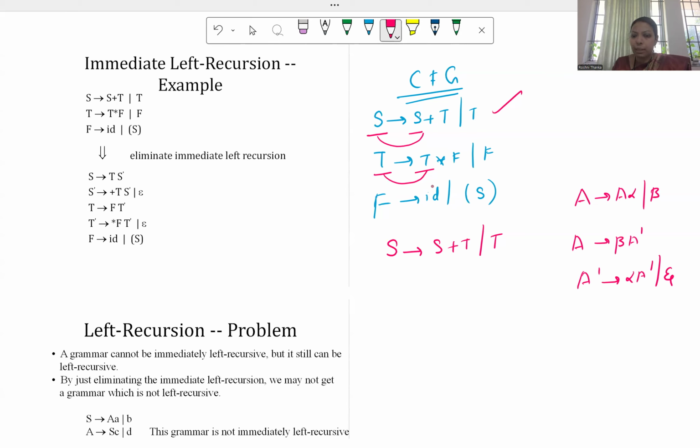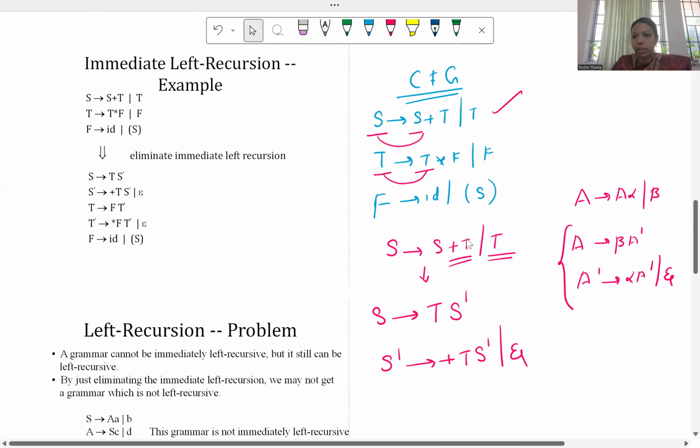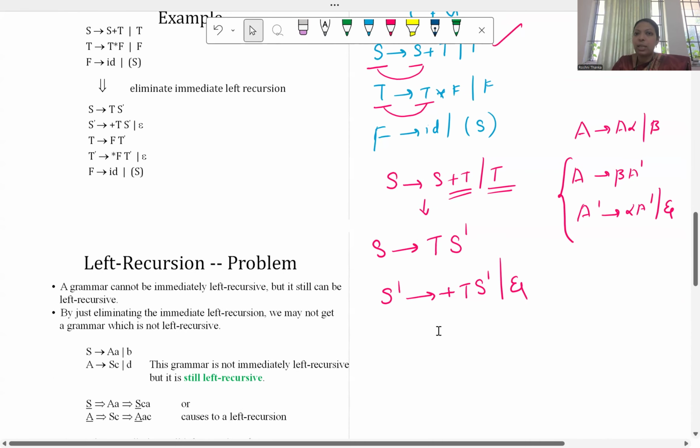So this can be converted to S tends to the other production which is not starting with S, that is T, and introduce a new non-terminal S dash. Now, what is S dash? S dash is take the remaining symbols other than S, that is plus and T, and then S dash, and then introduce a new symbol epsilon. This is according to this rule, right? So now this production is not used hereafter. Instead of this, we have to use these two productions.